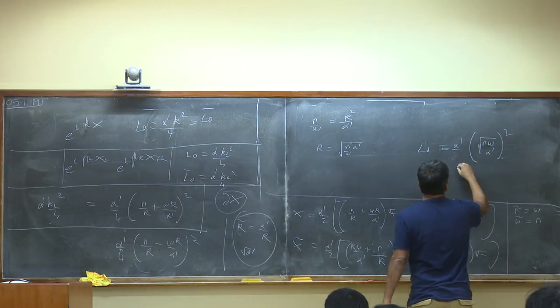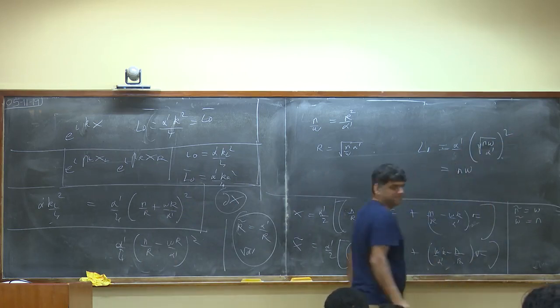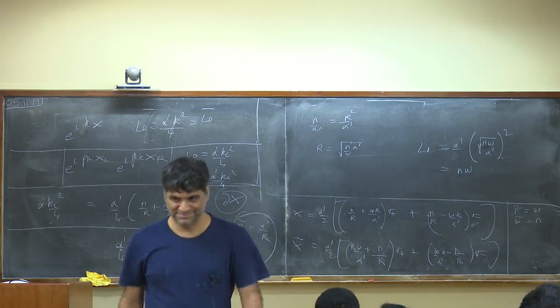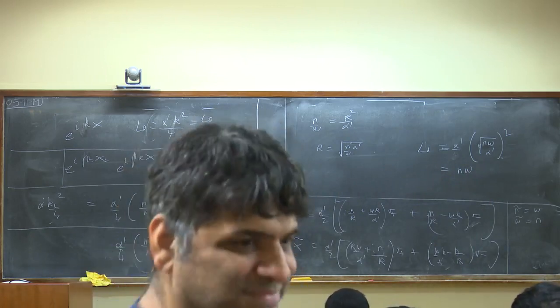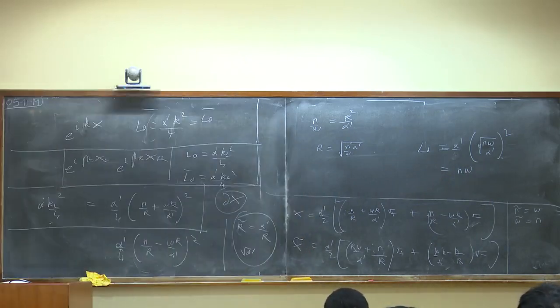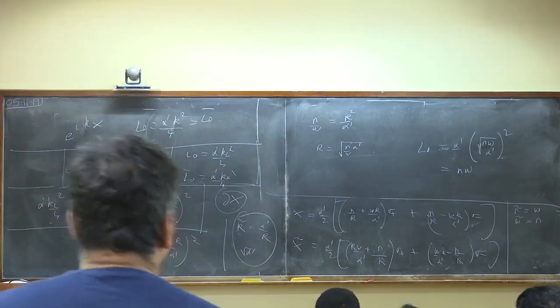Squared is equal to n w. But we want L0 equals 1.